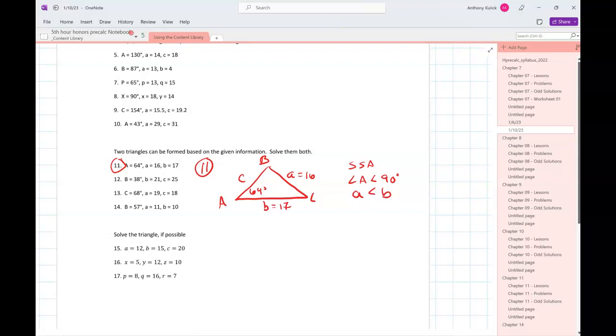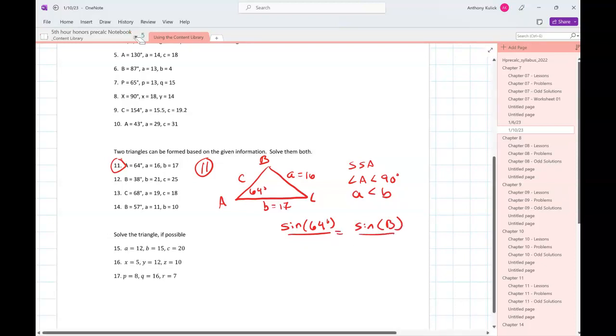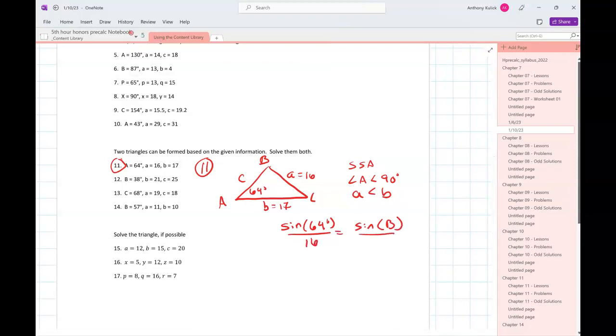To figure out how many triangles I have, I start out by setting up a law of sines to solve for the only thing I could, which would be angle B. I don't know why I wrote A there when I wanted to write the number. I'm going to get sine B by itself and evaluate what I have here.